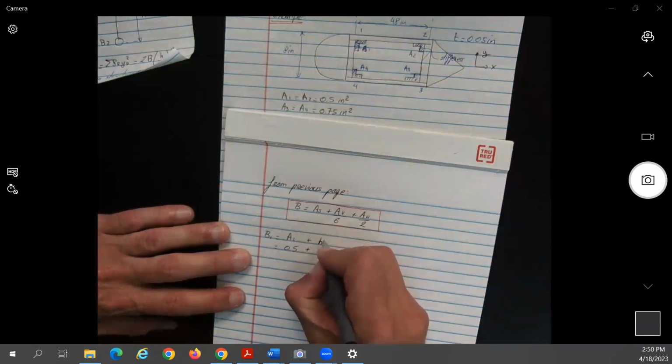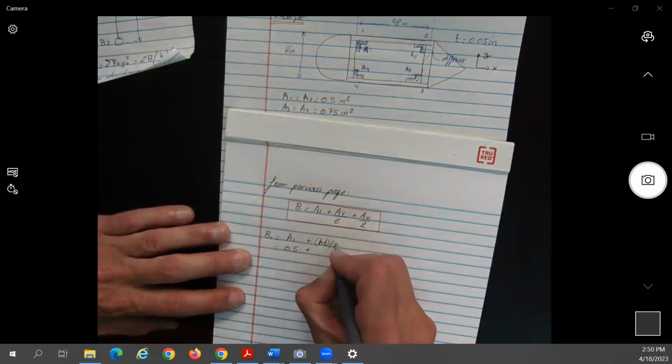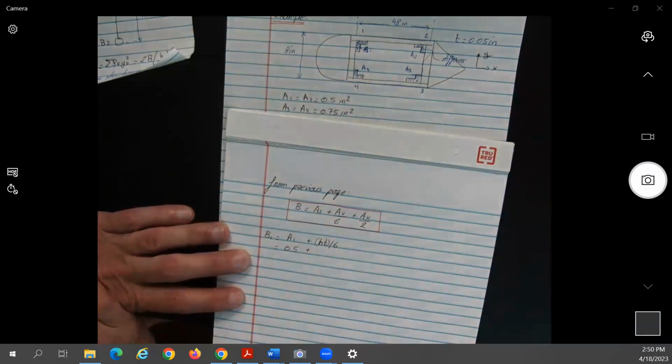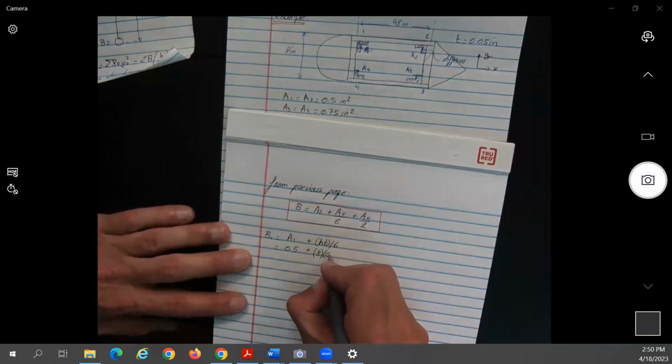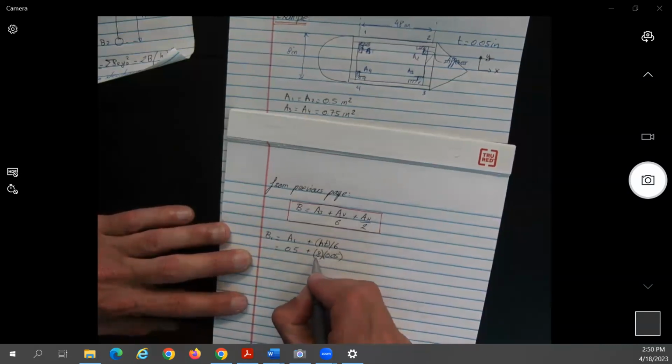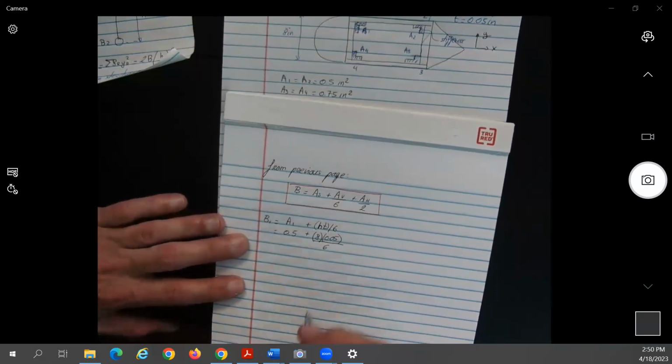Okay, so let's do it symbolically. So HT divided by 6, no? And now, H is how much? 8 times 0.05 divided by 6. And what should be the last one? What would be the horizontal?